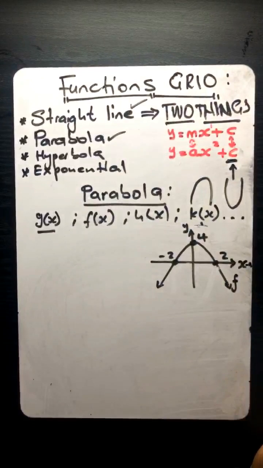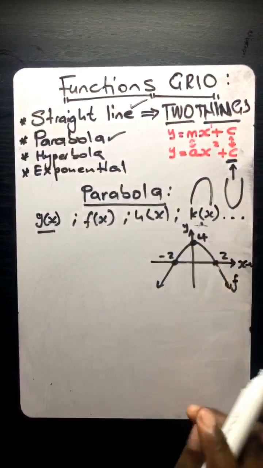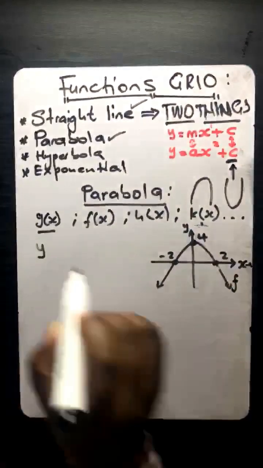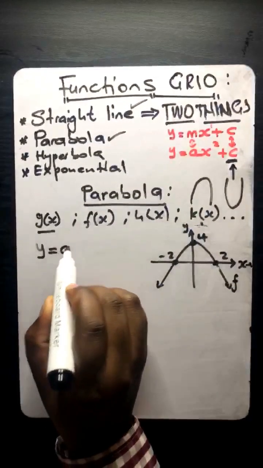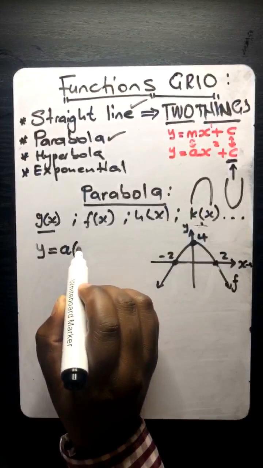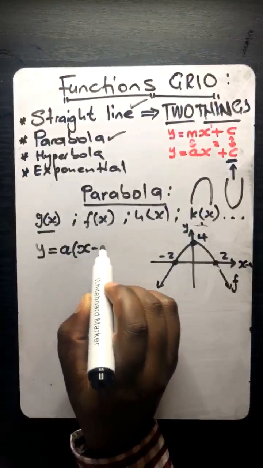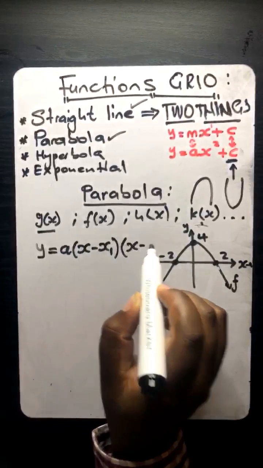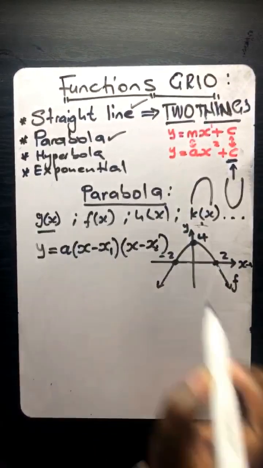So let's see. To determine an equation of that straight line, this is the formula that you use. Not a straight line, but a parabola. It's y equals a into x minus x1, close, x minus x2, close.